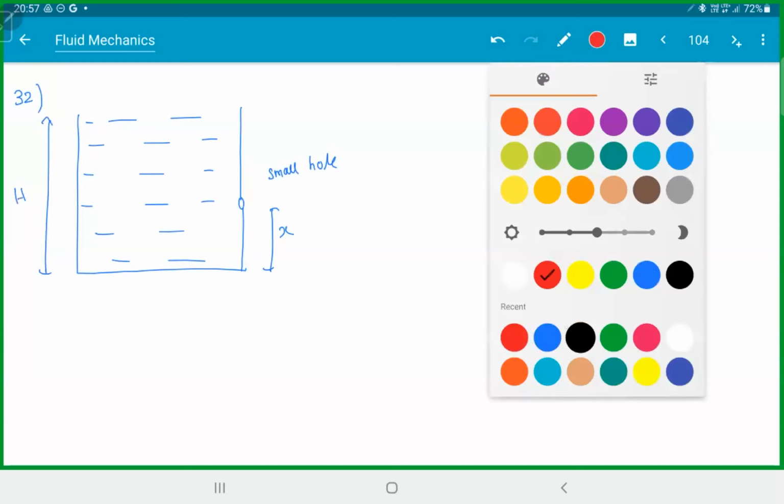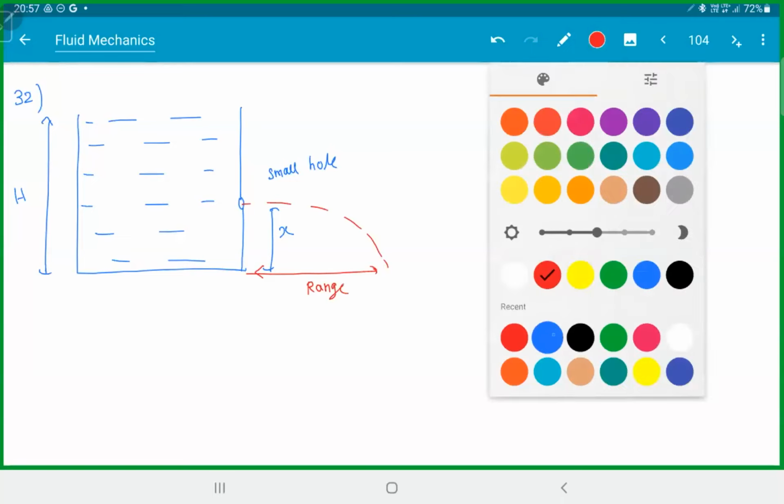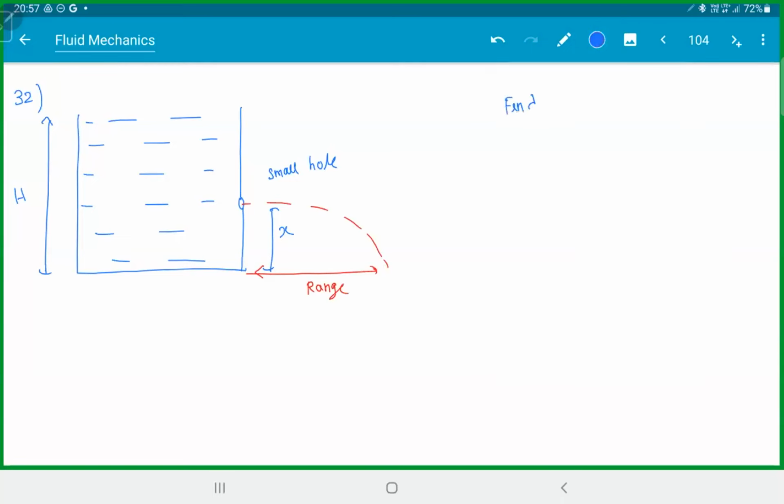When you make a hole, what will happen? The liquid will fly and fall here. This is your range. Find x for maximum range. So where should I make the hole in the container for the maximum range?